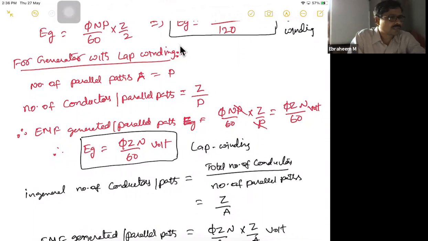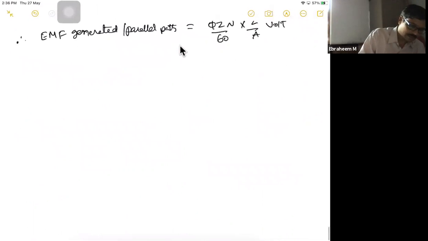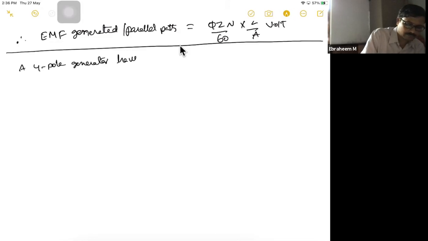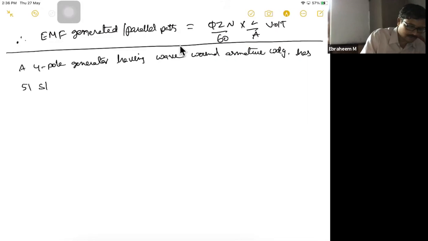Now I will write down a problem. A 4-pole generator having a wave wound armature winding has 51 slots.